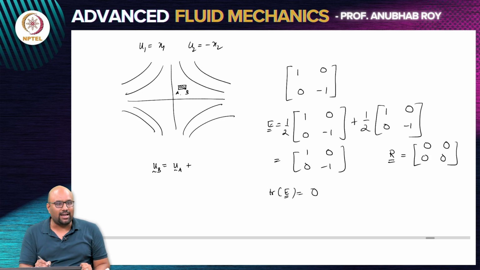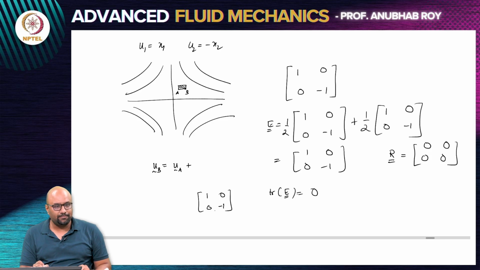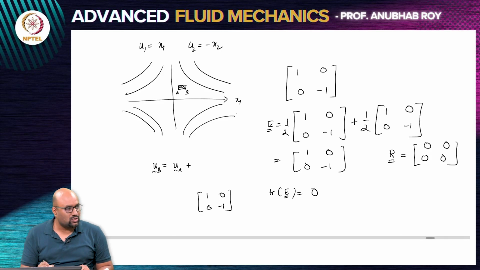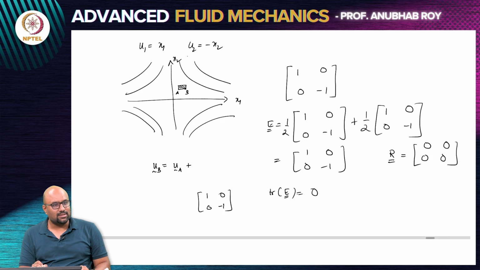So, this rectangular patch is going to stretch. What would be the direction of stretch? To find it, we need the principal axes. For this rate of strain tensor, 1, 0, 0, minus 1, the principal axes would be the x1 axis and the x2 axis.